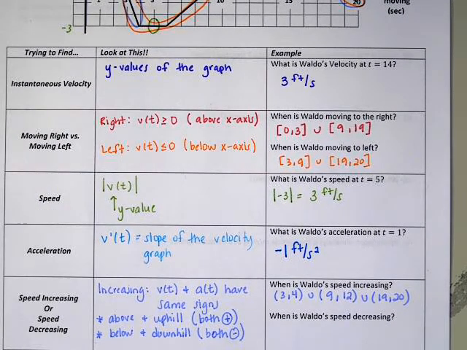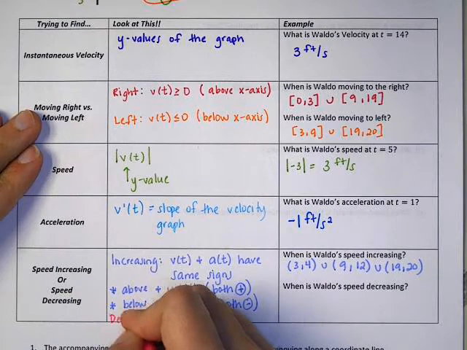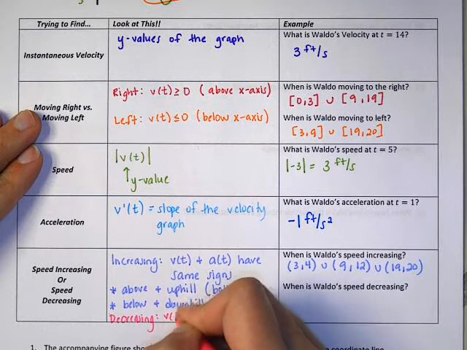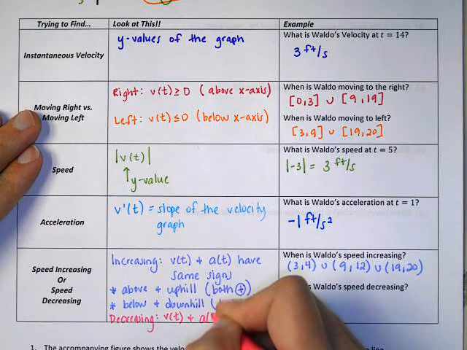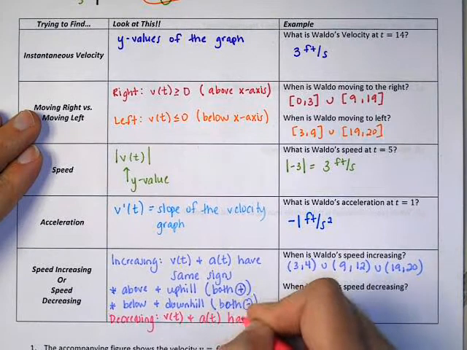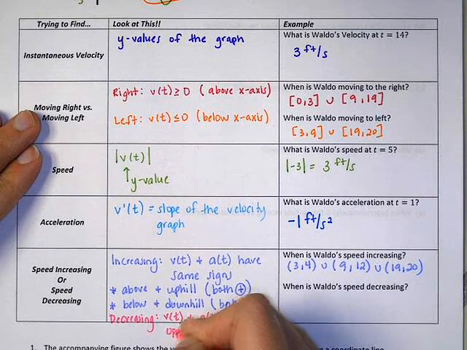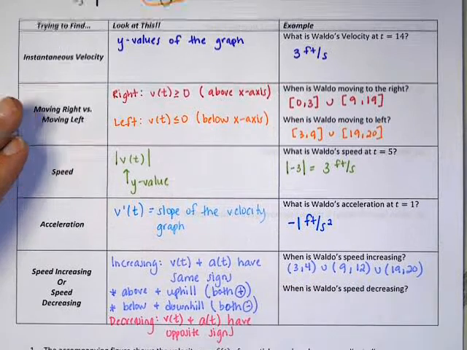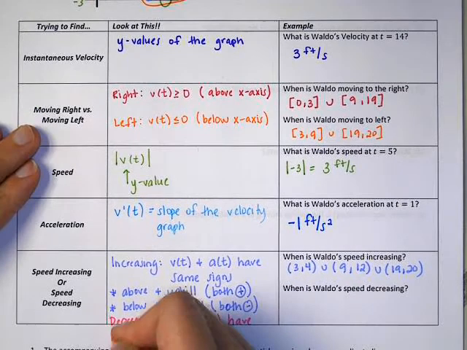Now conversely, for decreasing, we want velocity and acceleration to have opposite signs. Again, there are two situations that can make this happen.